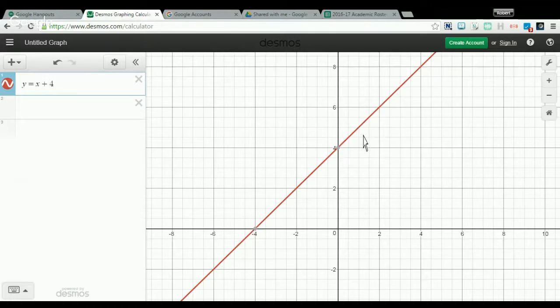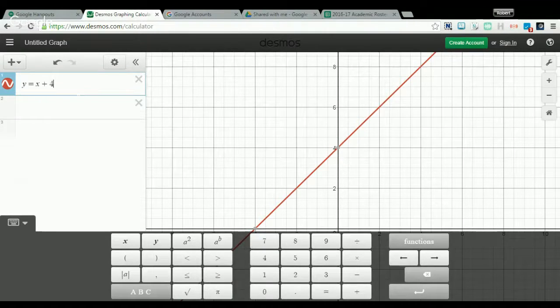And that's your slope. Now if we wanted to make it piecewise, if we wanted to put some restrictions on the domain, remember the domain handles the line left and right. So I'd put something like x has to be greater than 0. And so that's that line that goes up and to the right. Yet today, when we graphed this in the class, I think somebody said y equals 4.